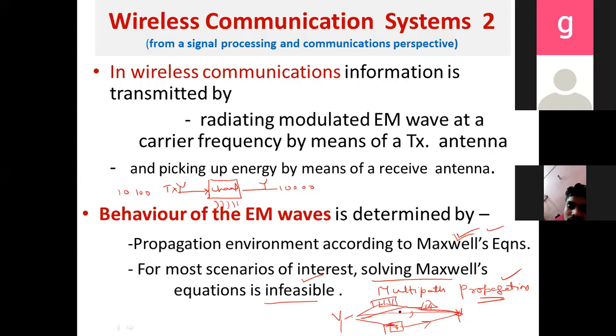So with different objects, the electromagnetic wave, the EM wave, interacts with several objects in its journey. When the wave is emitted from the transmitting antenna, it interacts with many objects in the medium, and only then does it reach the receiver.